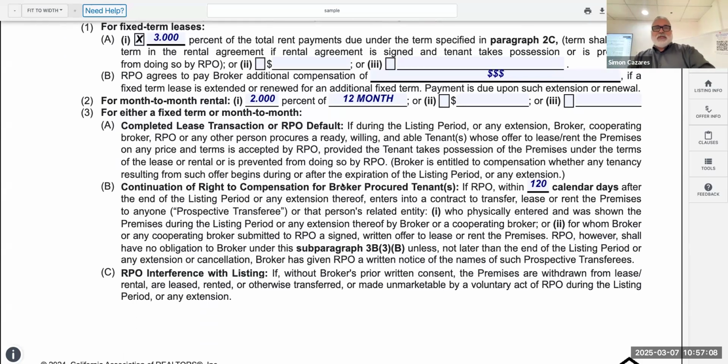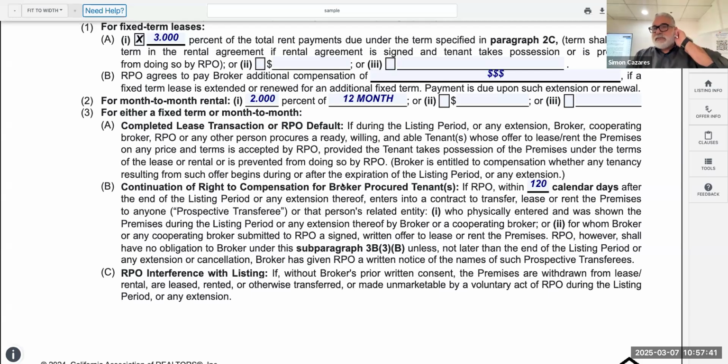Okay. All right, section number 3 goes into completing the lease transaction or the landlord default if during the listing period, similar to the listing agreement, right? Extends broker cooperation or any person procuring a ready, willing, and able tenant who offers to lease rent the premises on any price and terms is accepted by the landlord, provided the tenant takes possession of the premises under the terms of the lease or rental, or is prevented from doing so by the landlord.